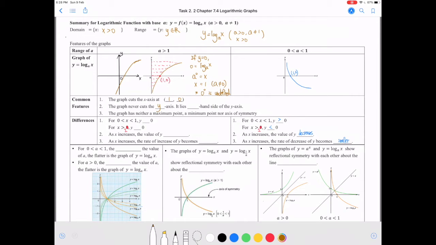This is wrong, so just be careful. We actually have a special name for this line, the y-axis. Just remember when we learned the rational function, a line that a graph approaches but never intersects, what is its name? We call it an asymptote, right?